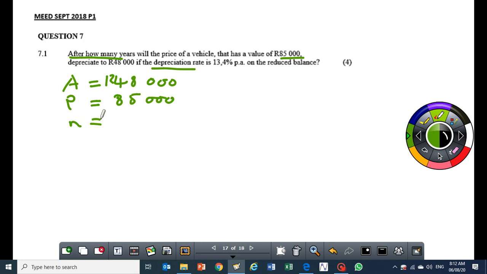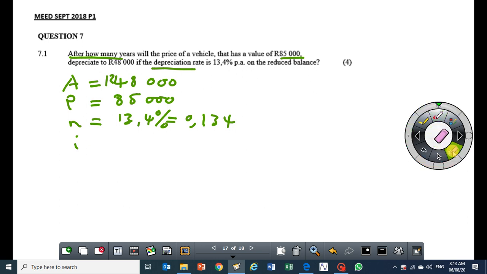And your N, because the interest is compounded per year, that is once a year. The 13.4% is 0.134, so this is the I, rather.